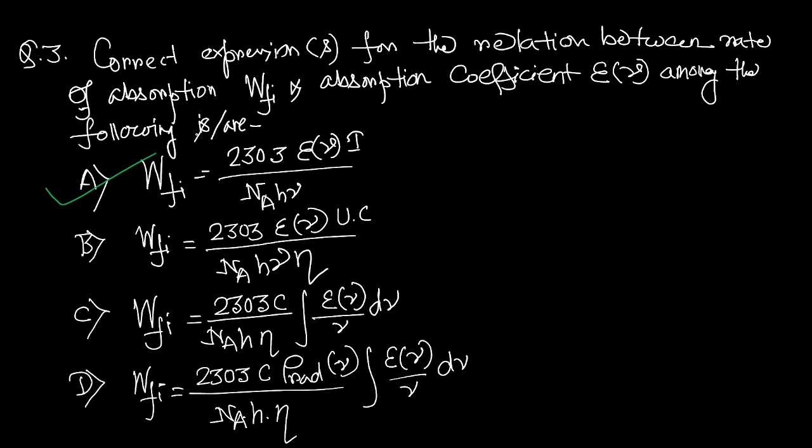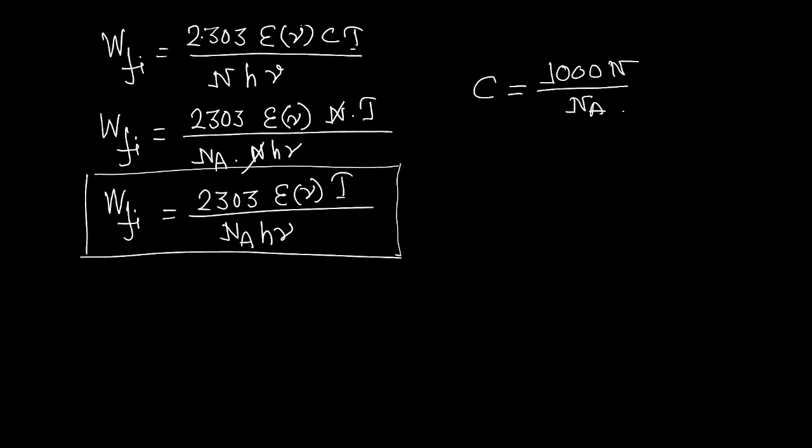Now here you can see that two different terms are coming. One is U and another is the refractive index, that is eta. And there is another thing, the integral, so we need to derive it more. Now the intensity is nothing but U into C by eta, where U is the total energy density.